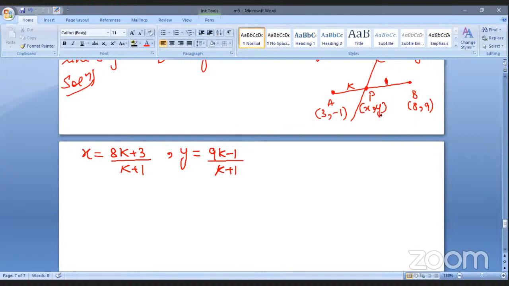Look, k multiplied by 8 plus this one multiplied by 3 for finding out the x, and k plus 1, or whatever the ratio is, its summation is there in the denominator. We already know this. Similarly, for y again, k times y2 plus n times y1 divided by m plus n.